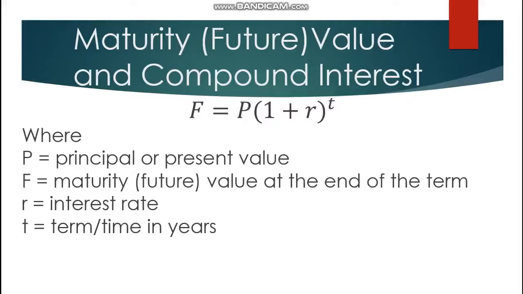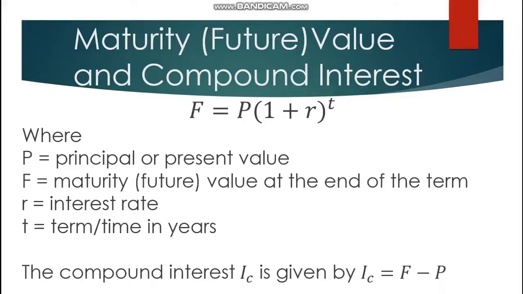Sa pag-compute ng compound interest, we have I sub C equals F minus P. Okay? So, yung I sub C, yun yung ating compound interest, yung F, yung maturity value, yung P, yung ating principal or present value. So, ang kukunin muna natin dito sa compound interest is the future value or maturity value bago makuha natin yung compound interest na si I sub C.